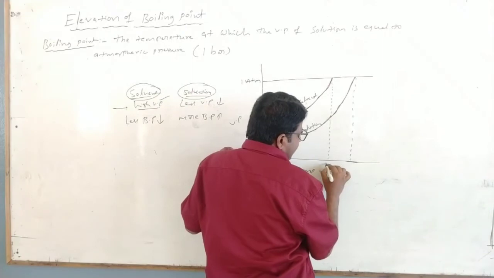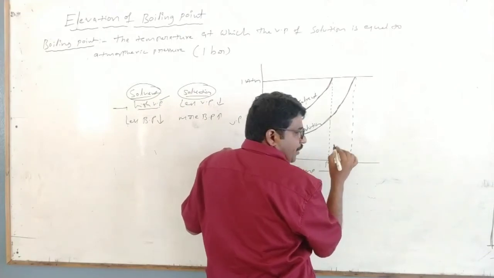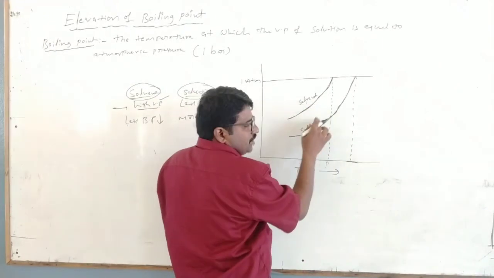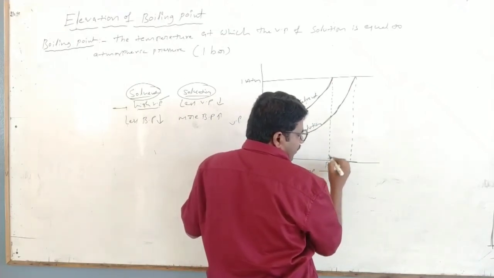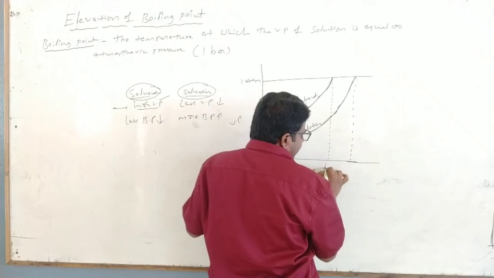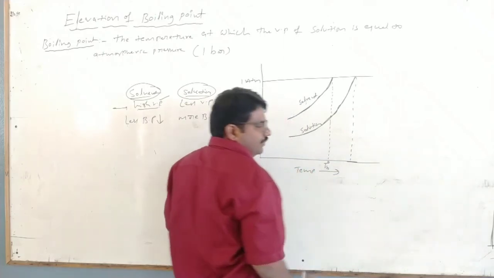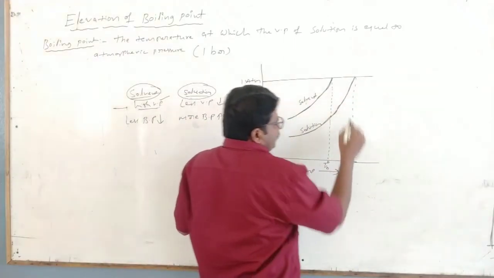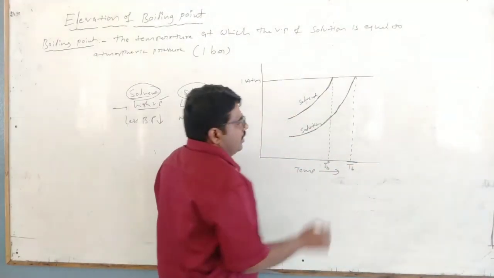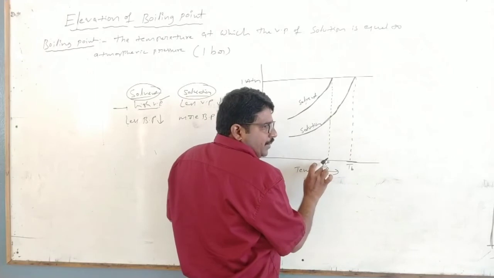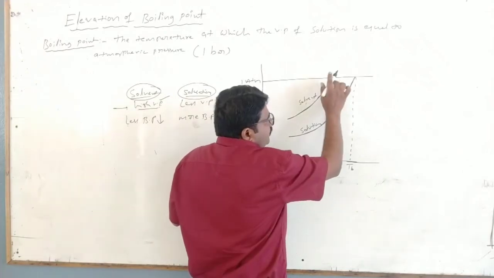The solvent's boiling point is considered TB naught, and the solution's is TB. So this is the boiling point.